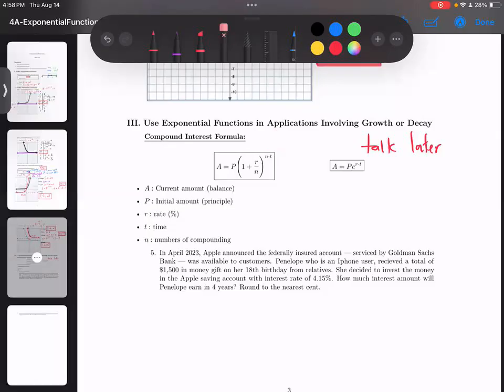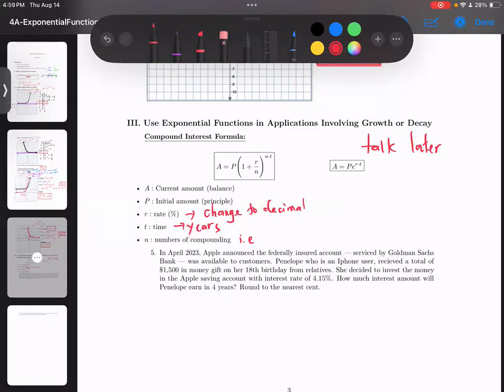P is the initial amount, how much you put in. R is rate, and make sure you always change it to decimal to calculate anything. T is time, usually in years, and N is the number of compounding periods.